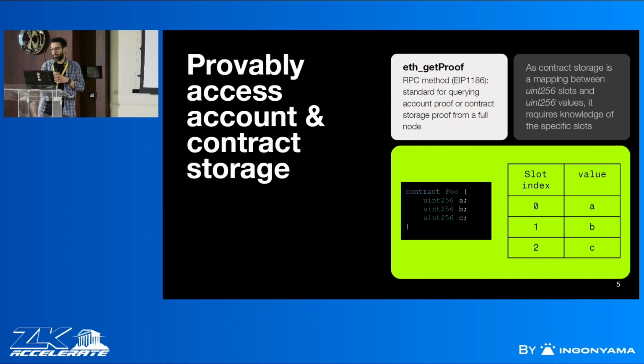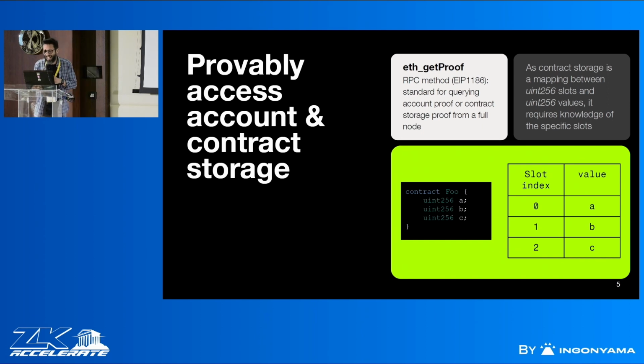To understand a little more how you can make use of such a method, it would be worth spending a minute explaining how storage is represented in a contract when it comes to the EVM. So you have this very elaborate contract that I personally wrote here. I might also have copied it from some documentation.